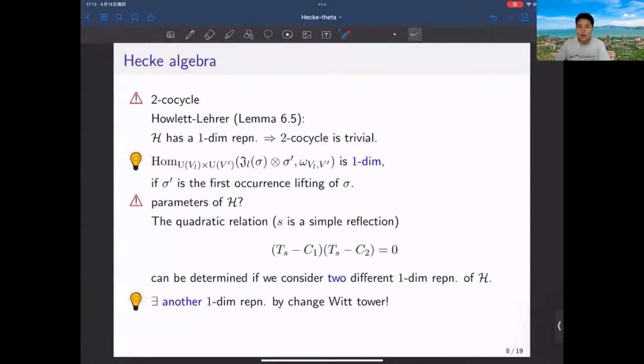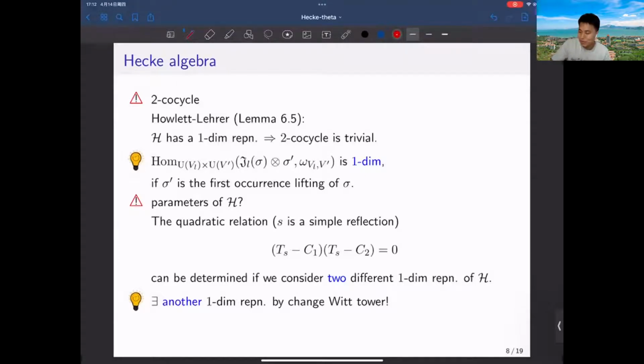So we would like to solve these 2 problems. First is the 2-cocycle.